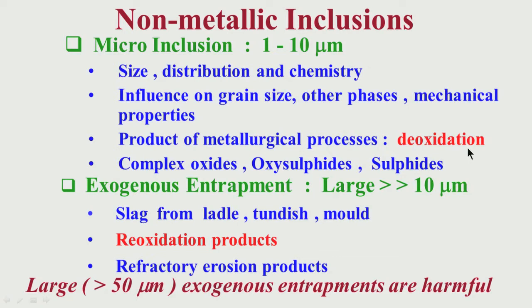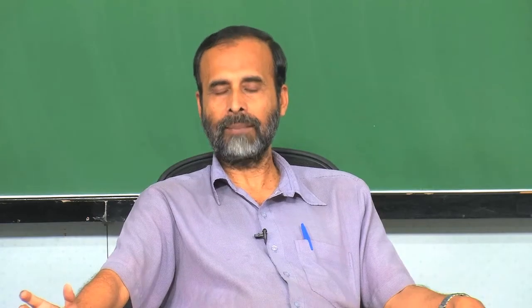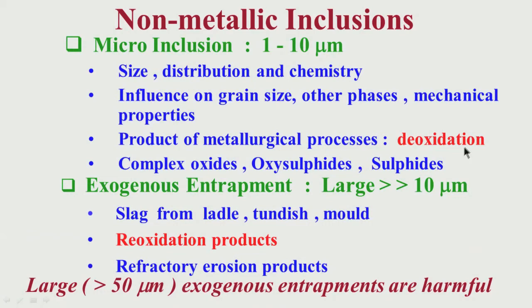In that process the dissolved oxygen will come down, in the form of SiO2, MnO, or aluminum oxide. So these oxides are part of the metallurgical process, and we call them deoxidation products.